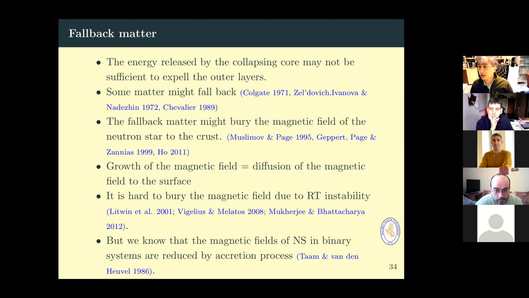But the question is whether this is going to bury the magnetic field. Well, we better say that it will not bury the field, but make it a tangled one with very complicated tangled magnetic fields. And the following evolution will be the merger of these tangled fields to become a dipole field altogether.